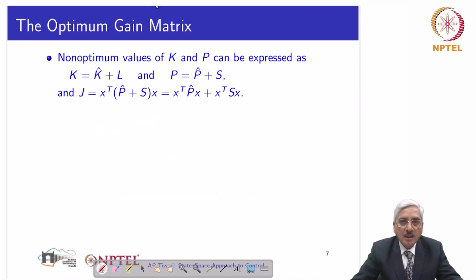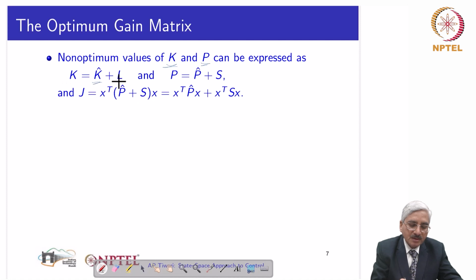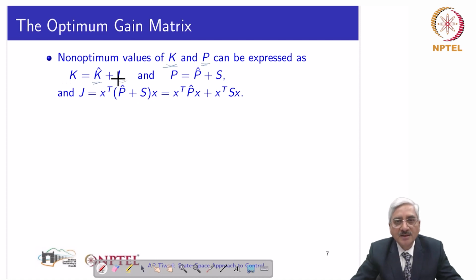Now the non-optimum values of K and P can be expressed as the optimum value plus a deviation from that. Optimum value of P plus deviation from that.